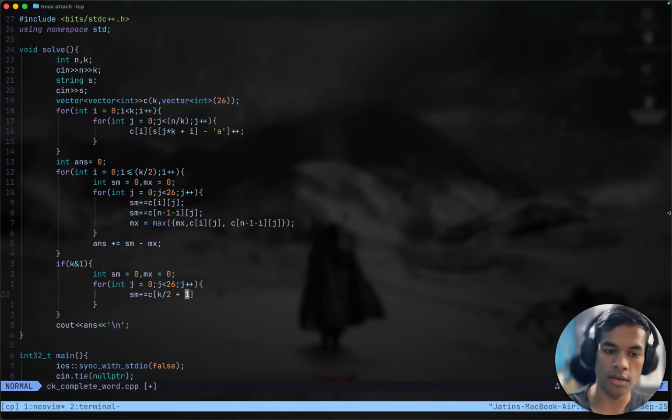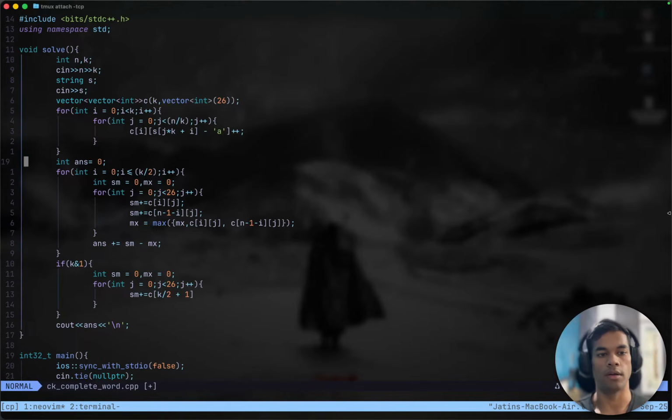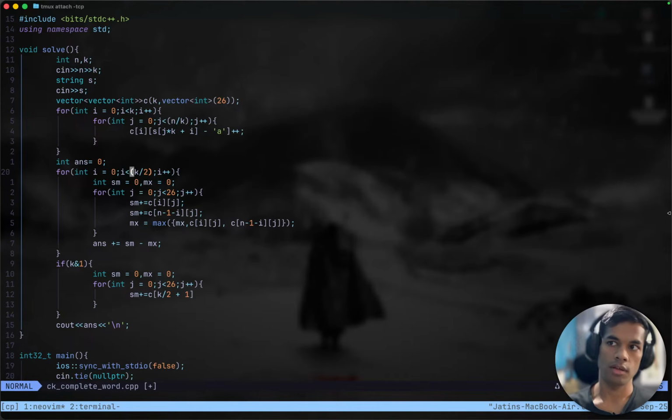Yes, if k is 3, we go to it. If k is 2, then k by 2 is 1, and we do not want to go till equal to 1. And if k is 3, then we still want to go till equal to 1.